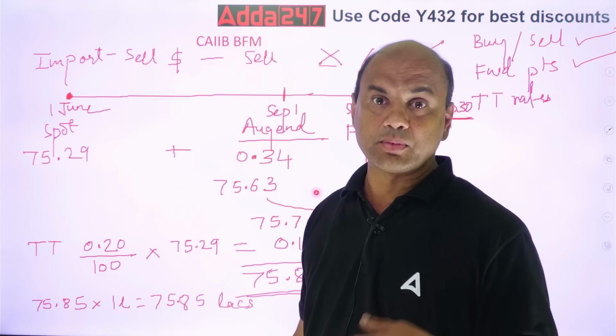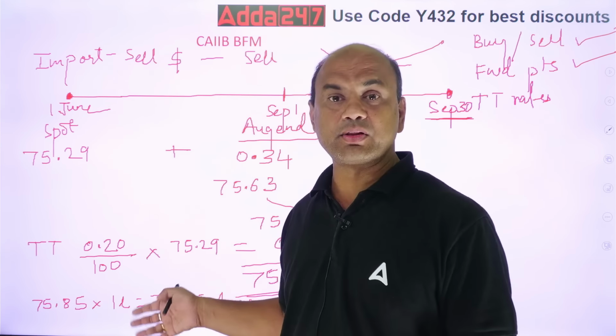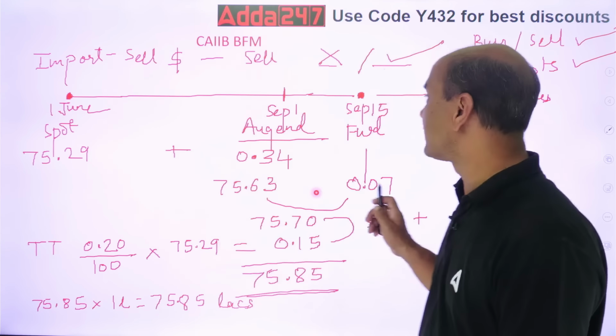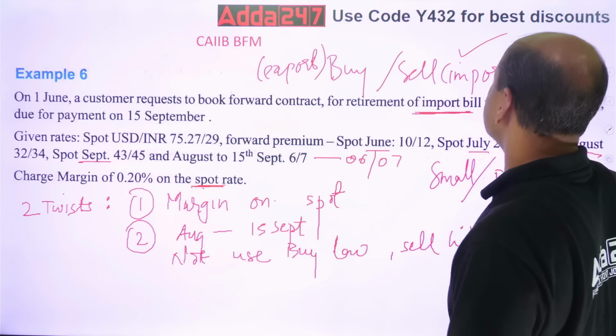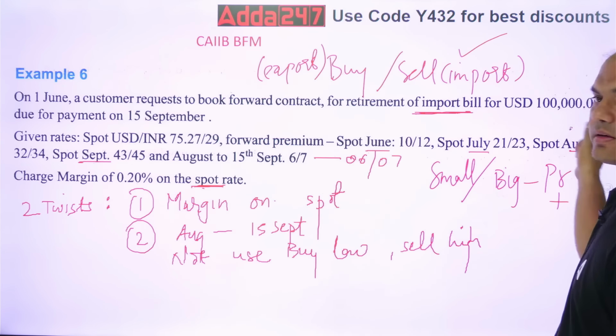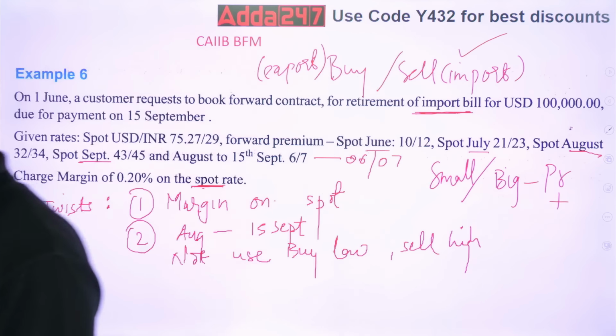It will come as 75.85 into $1 lakh. Why 1 lakh? Because see this, $1 lakh is over here, the remittance of USD 1 lakh. Got it, everyone? Clear?